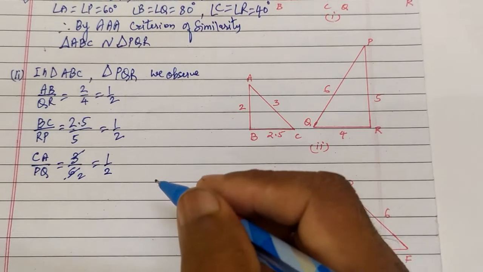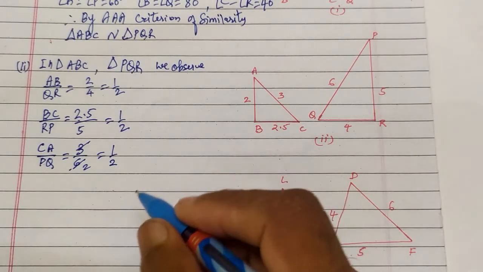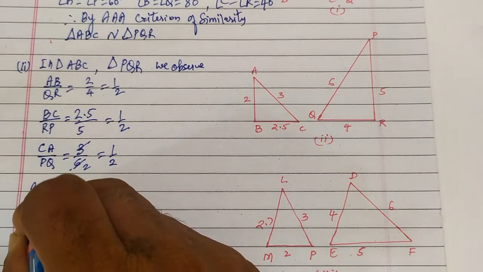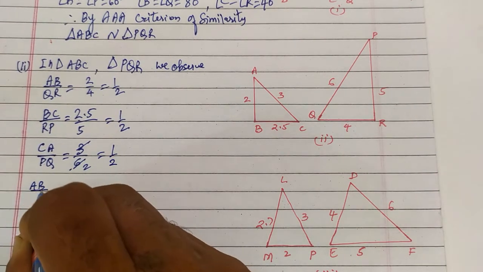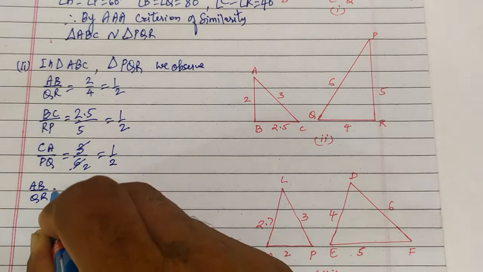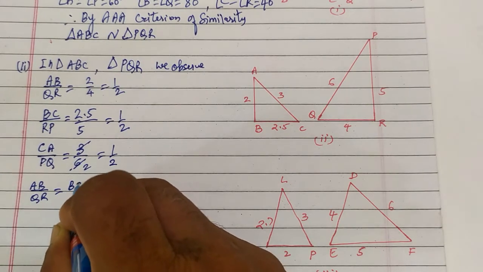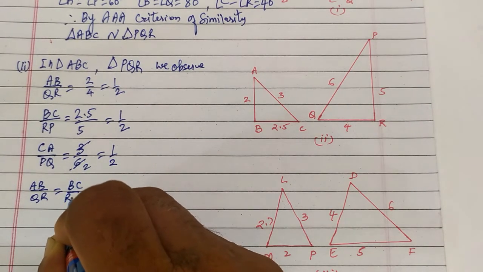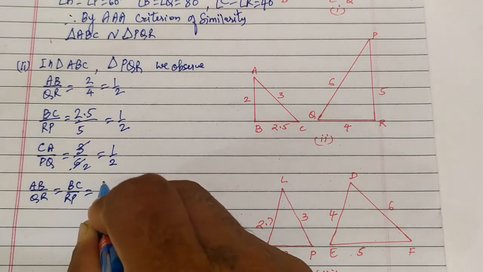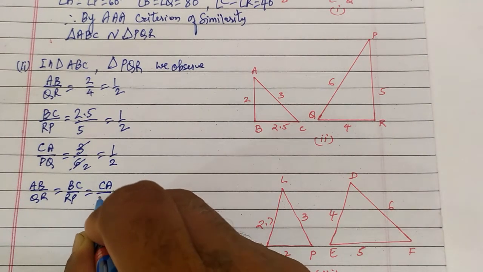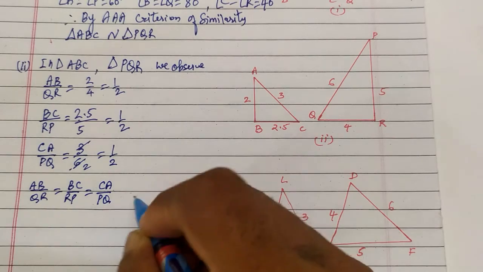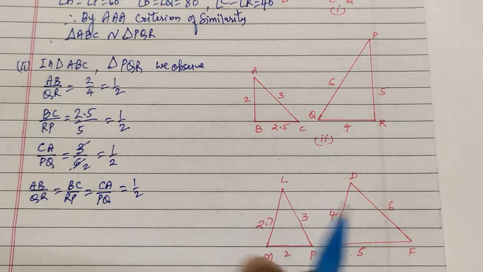So it is 1 upon 2. So we see AB upon QR equals BC upon RP equals CA upon PQ is 1 upon 2.